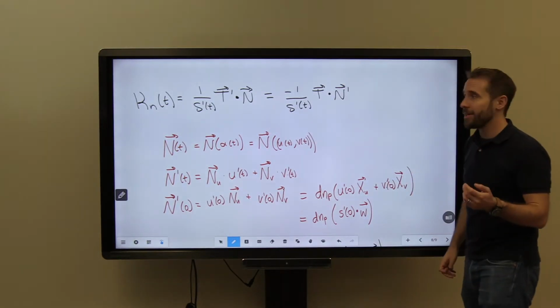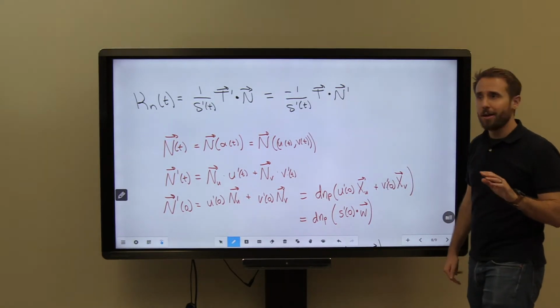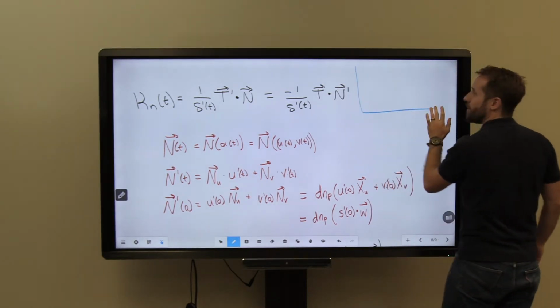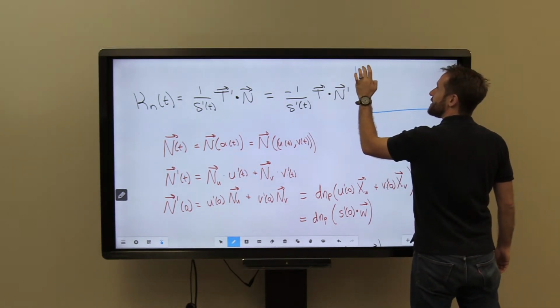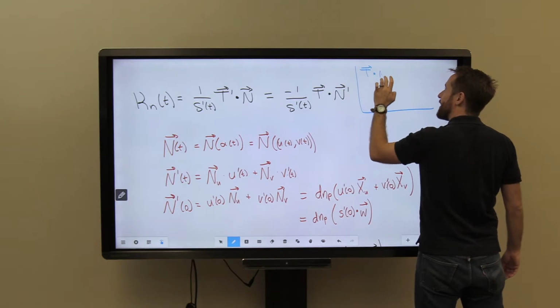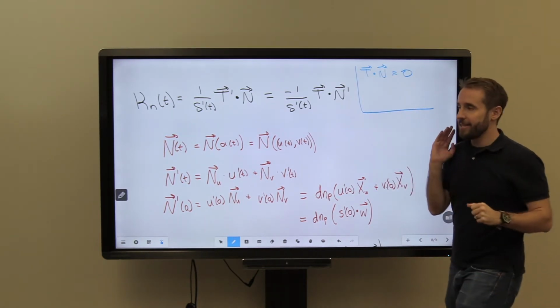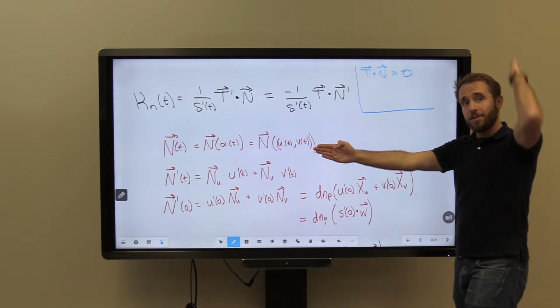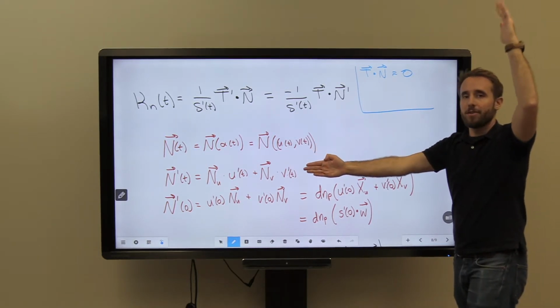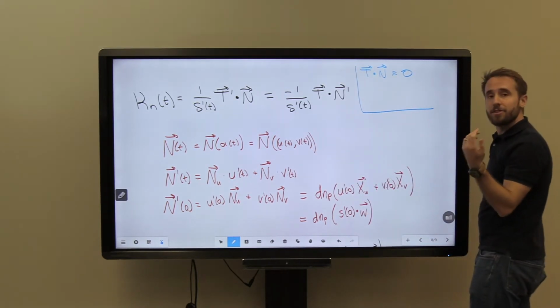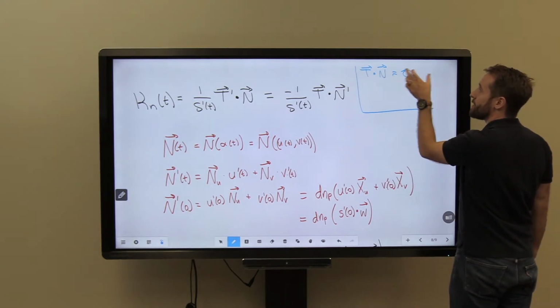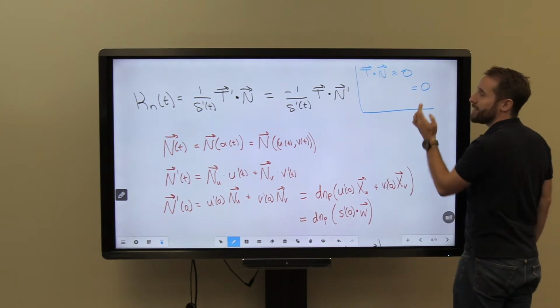And our trick for doing this is a trick that we've exploited a couple of times now, which is simply that if we have T dot N by itself, that is going to equal 0 because T is a tangent vector and N is a normal vector. Their dot product will be 0. And then I'm just going to take the derivative of both sides of this equation. The right-hand side remains a 0.